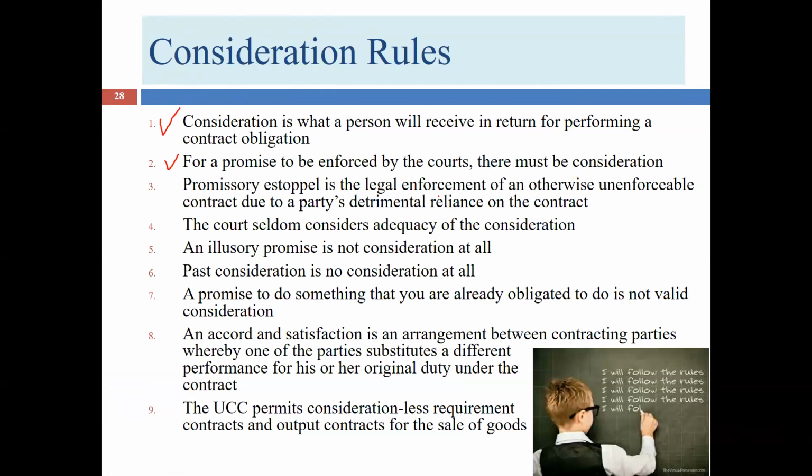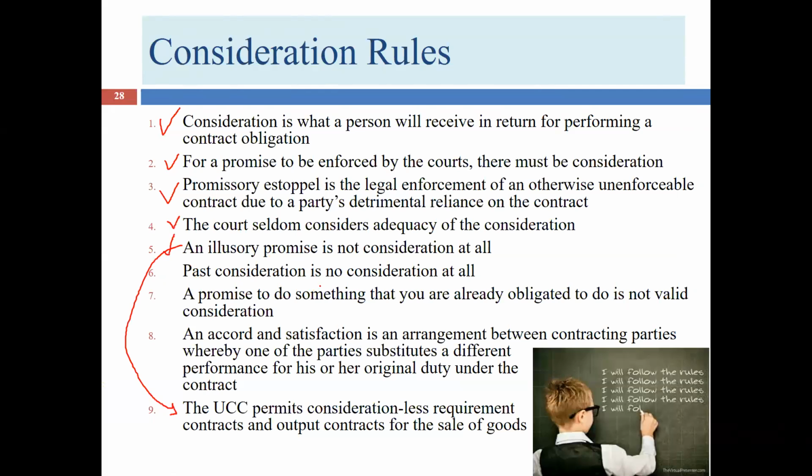Promissory estoppel is the legal enforcement of an otherwise unenforceable contract due to a party's detrimental reliance on the contract. Rule 3. The court seldom considers the adequacy of consideration. Rule 4. Rule 5. An illusory promise is not consideration at all, except, of course, for number 9, which we'll talk about in a second.